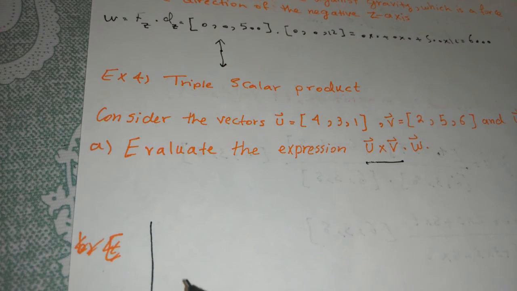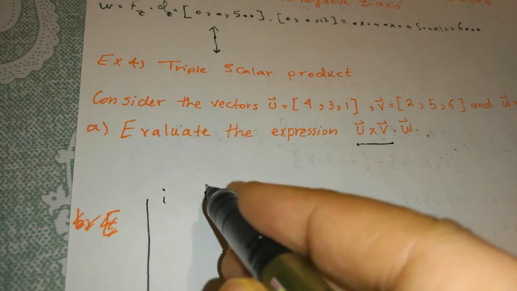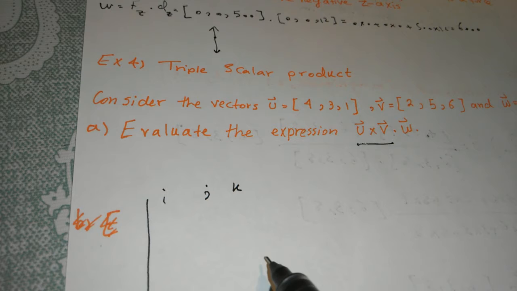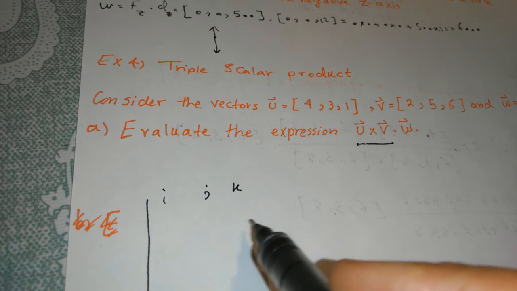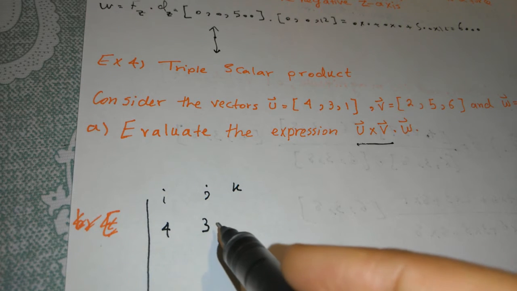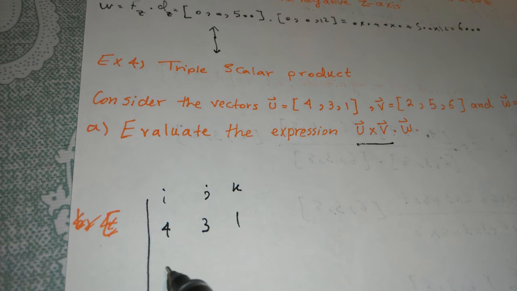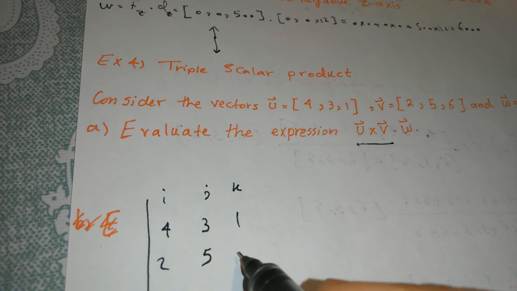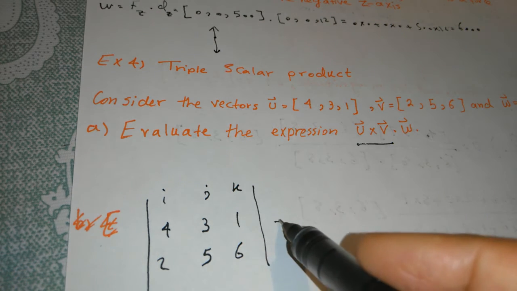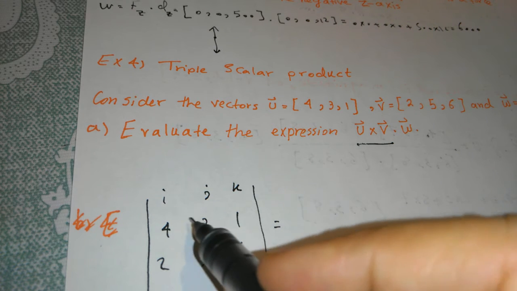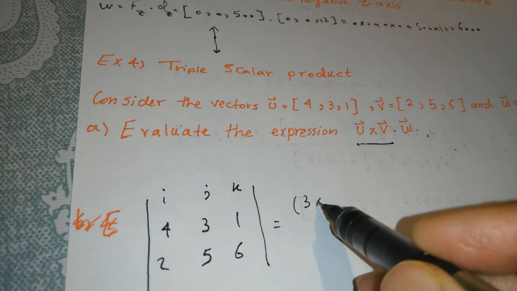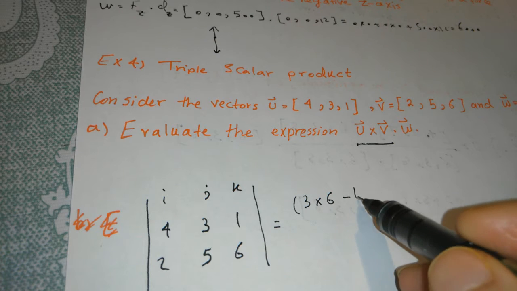So for I, J, K, we have U is 4, 3, 1 and V is 2, 5, 6. For the I component, it's going to be 3 multiplied by 6 minus 1 multiplied by 5.